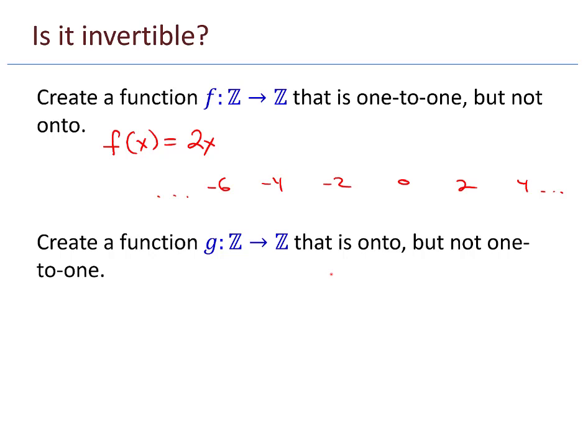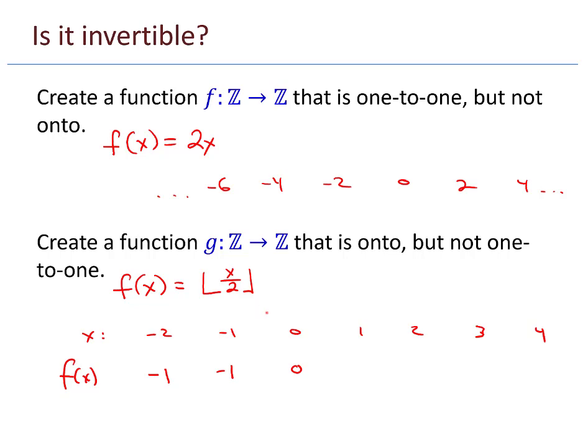So there's a variety of ways of doing this, and in class I look forward to hearing your way of doing it. But here's an example. How about f of x equals the floor of x over 2? So now, how does that work? If x equals, let's say, -2, -1, 0, 1, what is the result of f of x in this case? -2 divided by 2 is exactly -1, there's no rounding there. -1 divided by 2 is -1/2, so that rounds down to -1. 0 stays at 0. 1 over 2, 1/2 rounds down to 0, then 1, 1, 2, and so on.